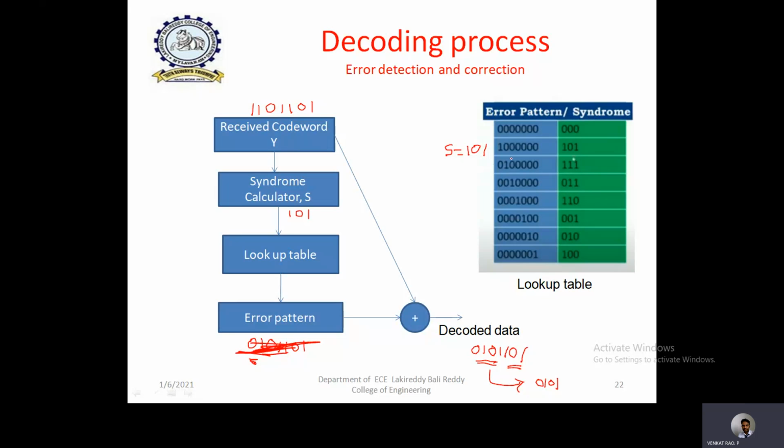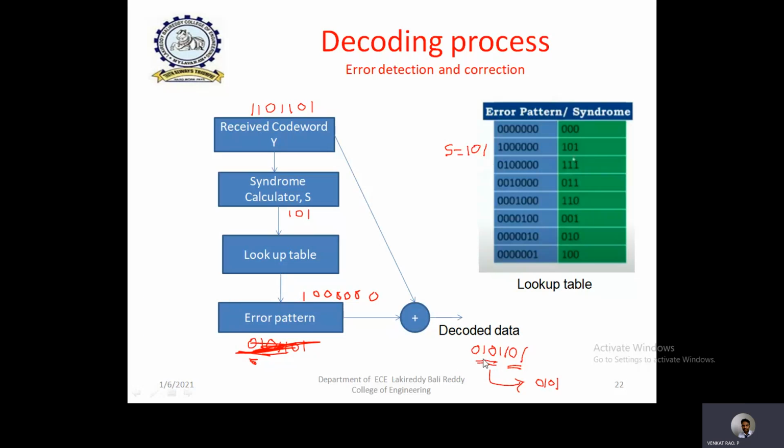What is the error pattern here? The first bit is only 1 and the remaining bits are all zeros. By making an XOR operation, 1 XOR 1 becomes 0 here, and the remaining bits come as is. So this is the decoded data, and finally you can clearly observe that the error is corrected.